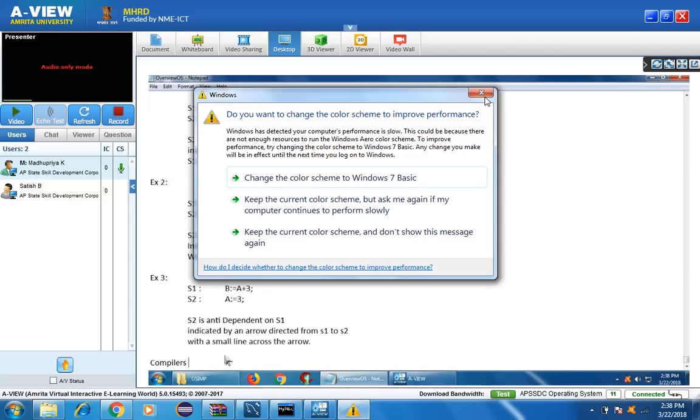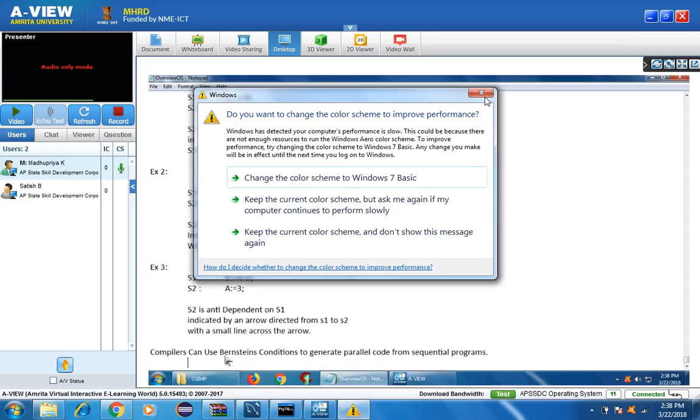Now, another important point is that compilers can use these constraint conditions to generate parallel code from sequential programs. However, this approach is not efficient. Why is it not efficient?